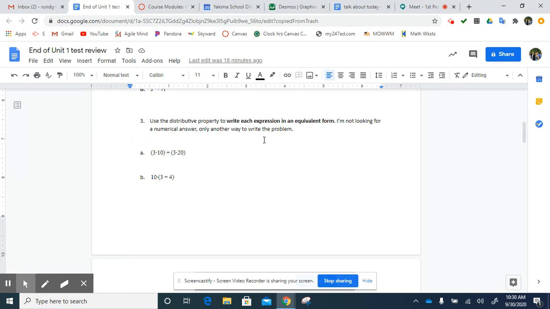All right, so this is number 3. And for number 3, let's just write distributive property. So for number 3, write the words distributive property.